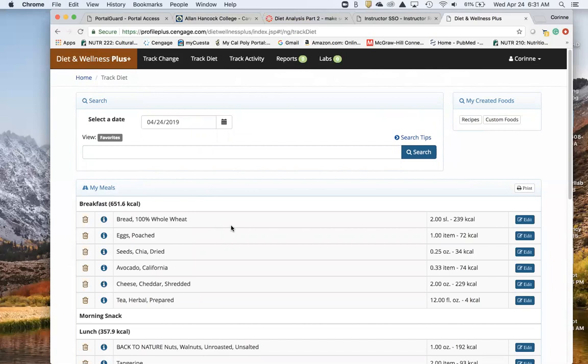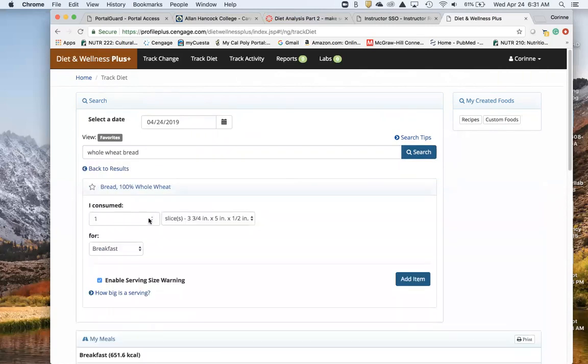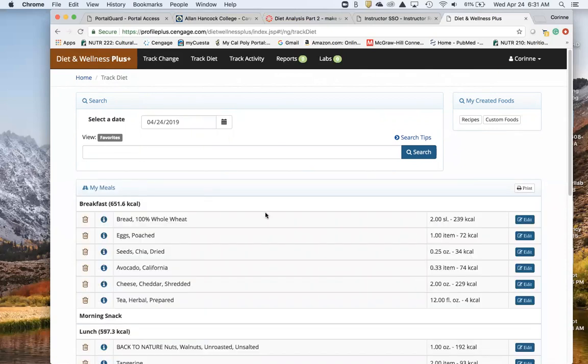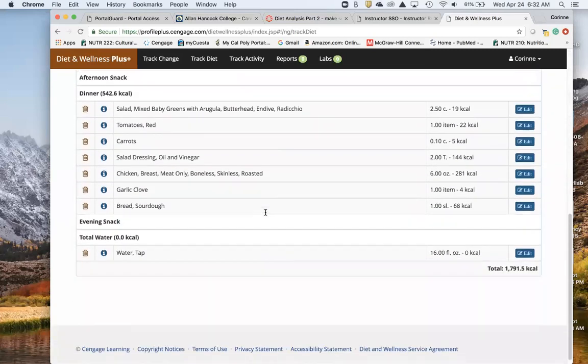So I know that I was low on carbs, so I'm going to add some more whole wheat bread. Let's see, whole wheat bread, and I'm going to add 2 slices. How about for lunch? So I'm going to add that. I know that I was high on my protein.